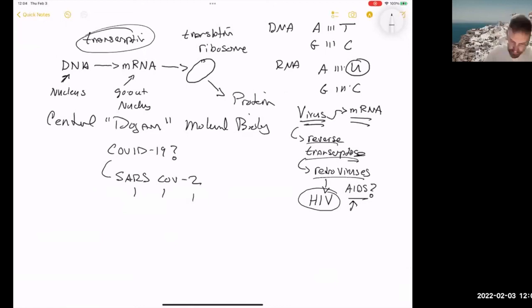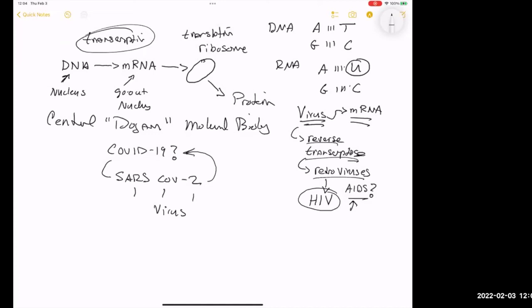So SARS-CoV-2 is the virus, okay? And the disease that that virus causes is COVID-19. COVID-19 stands for coronavirus disease 2019. Okay. Does that make sense?